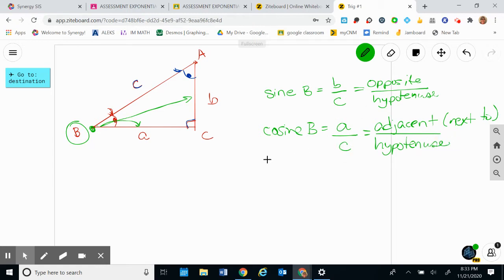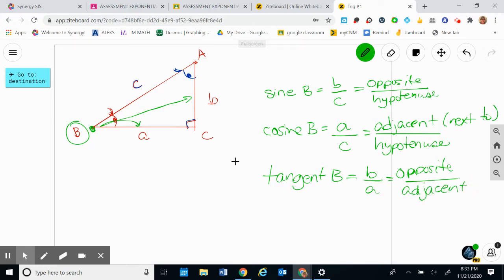All right. And then the last ratio that they noticed, if we're standing here from B, is going to be called tangent. The tangent of B is equal to B over A. And that is equal to the opposite over the adjacent.